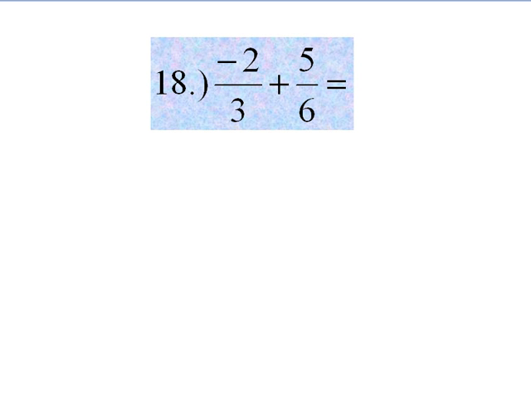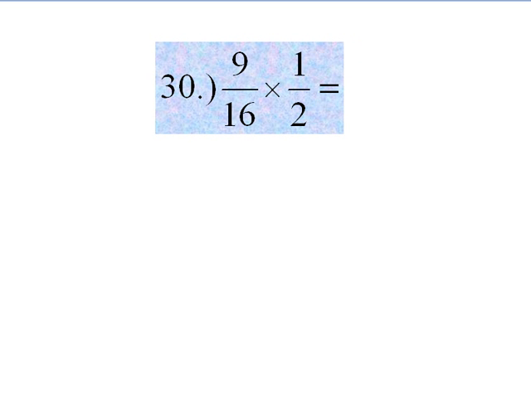Try this one. Adding fractions. Remember the rules of adding fractions. Here's your last one, multiplying fractions. And for some reason I didn't give you an example of dividing fractions.